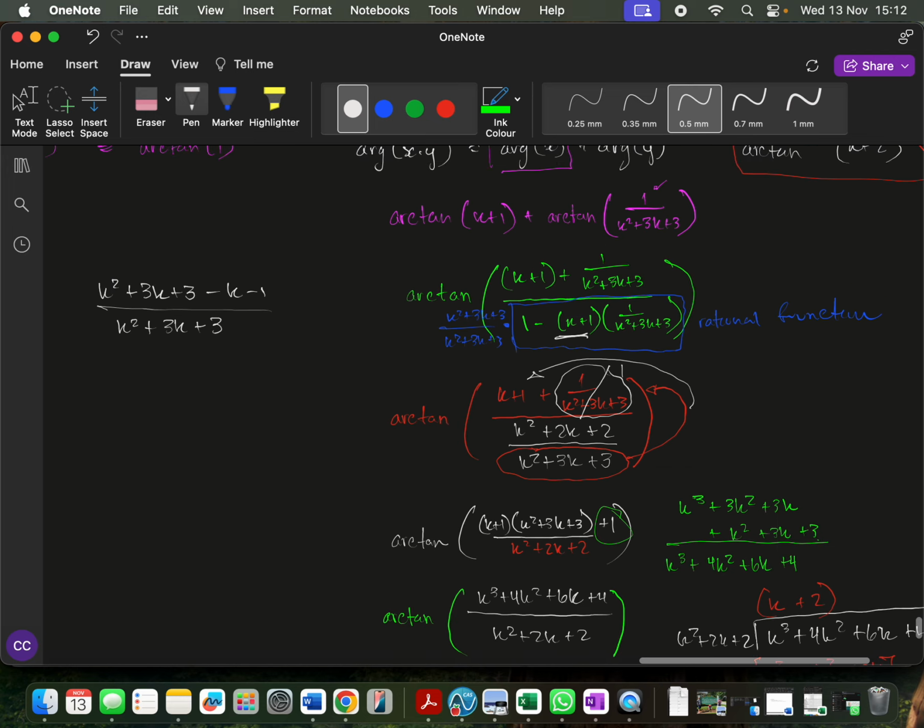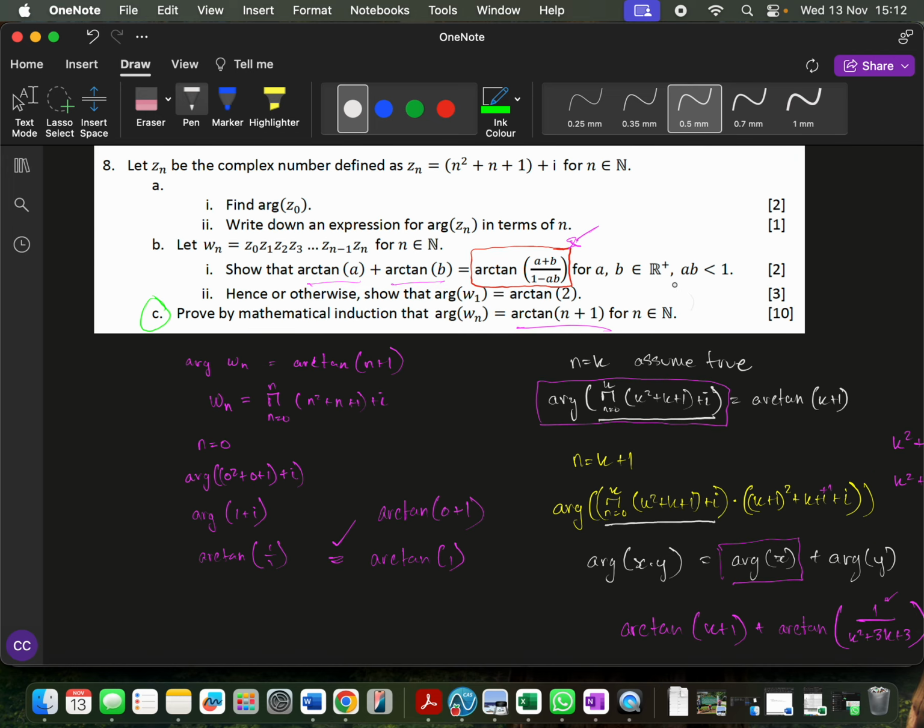The reason why I did natural numbers is right there. We're told that we're dealing with natural numbers. Holy cats, we did it. Hope that's helpful.